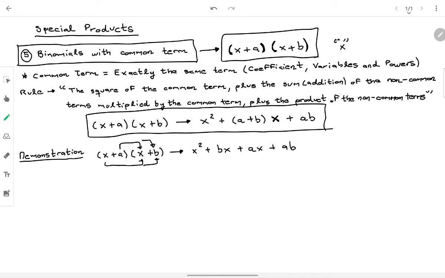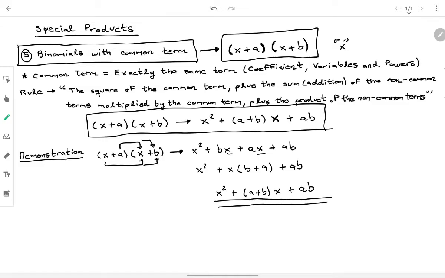In this case, these two terms have x, so we can put it like x that multiplies a plus b, plus ab. That's why the formula is x squared plus a plus b multiplied by x plus a multiplied by b.